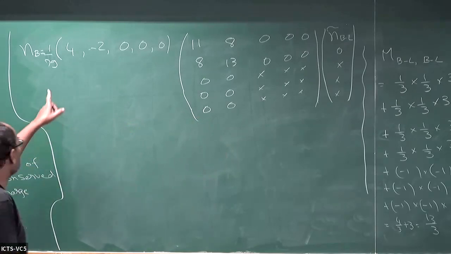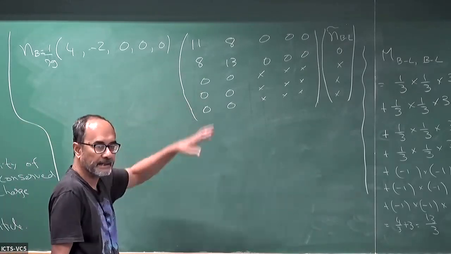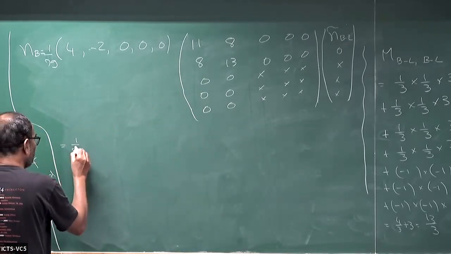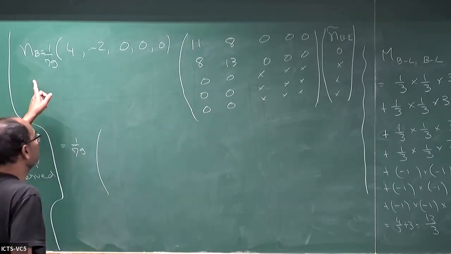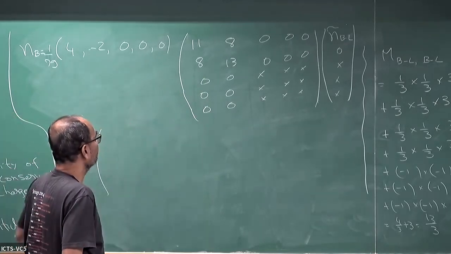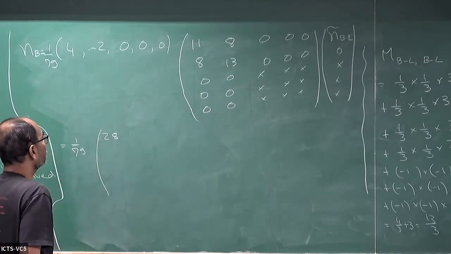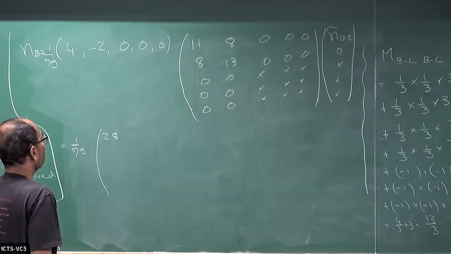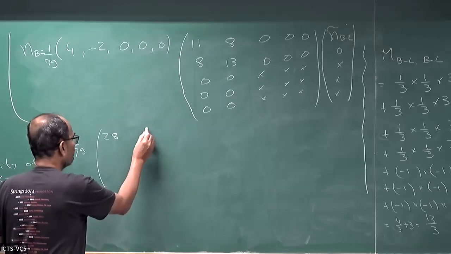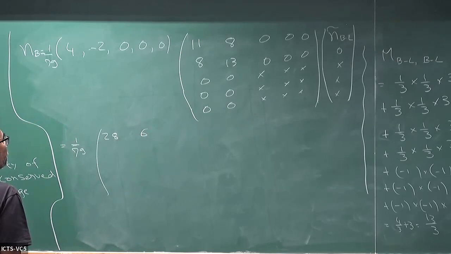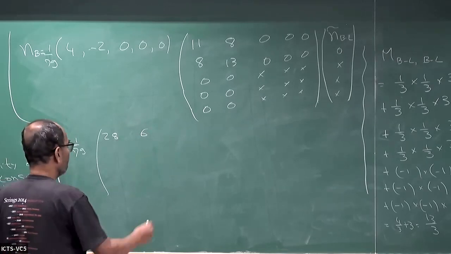So let's first multiply these out, because here it's simple. This is 1/79 times, you get 44 minus 16, that's 28. Then 32 minus 26, that's 6. Then these are all zeros.